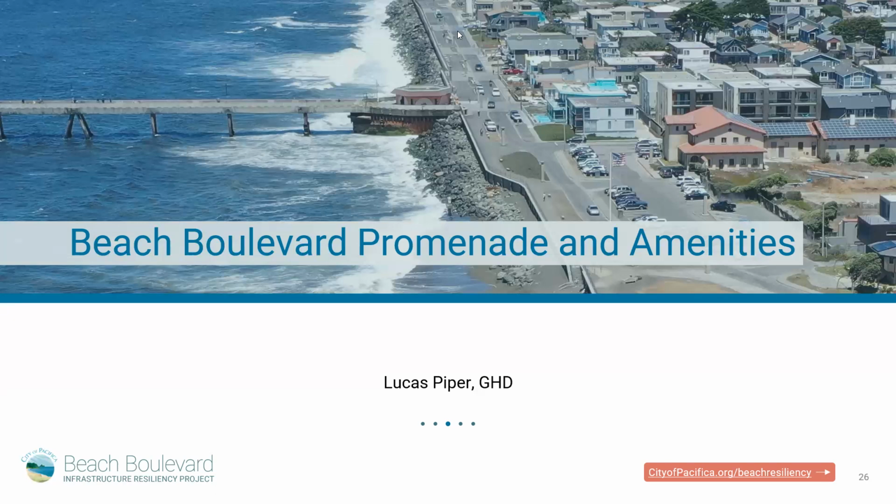This part of the presentation is going to be broken into two different sections. In one, I'll be discussing the current design, our preliminary design concepts, and looking for feedback on the type of amenities, features, and furnishings that the public would like to see backfilled within the space.